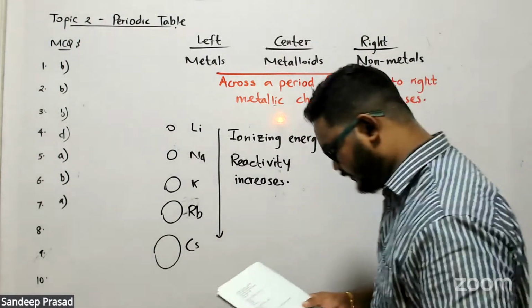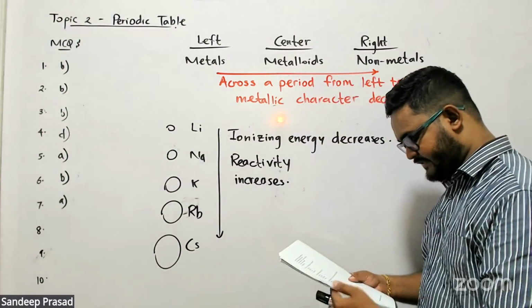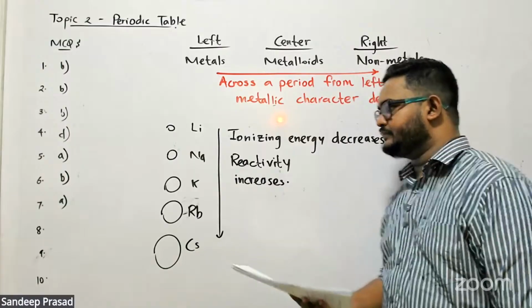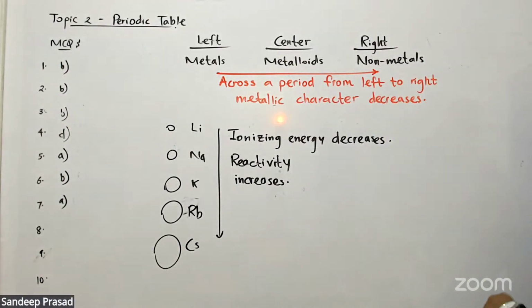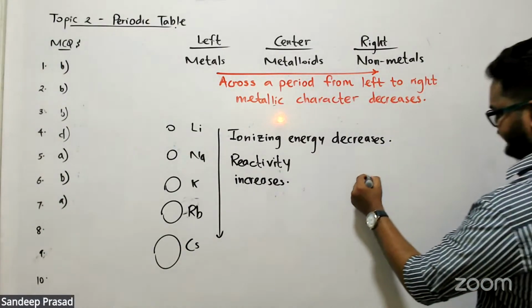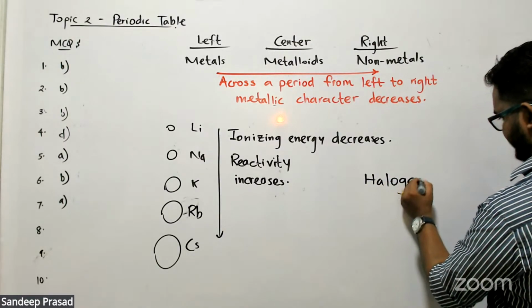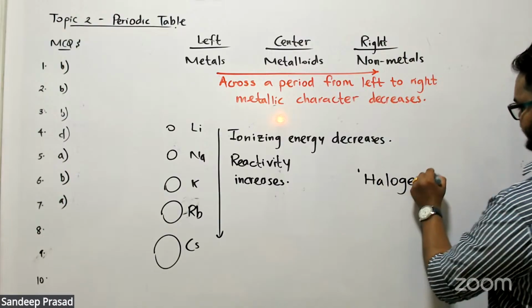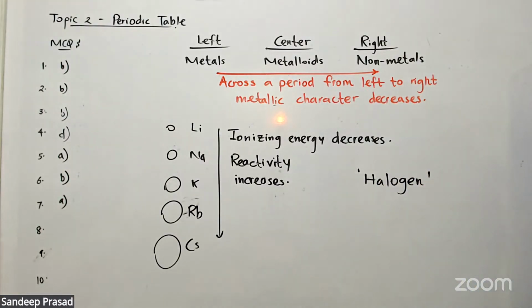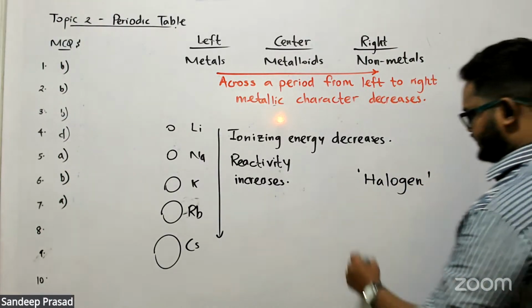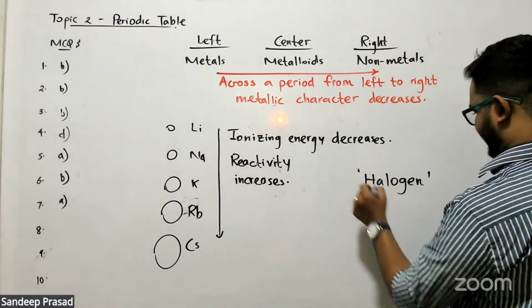Right, okay. So therefore, question number 7 answer is A. Which is a halogen, right? Now, one of you asked me why these are known as halogens. Remember, students, these terms are actually Greek words.